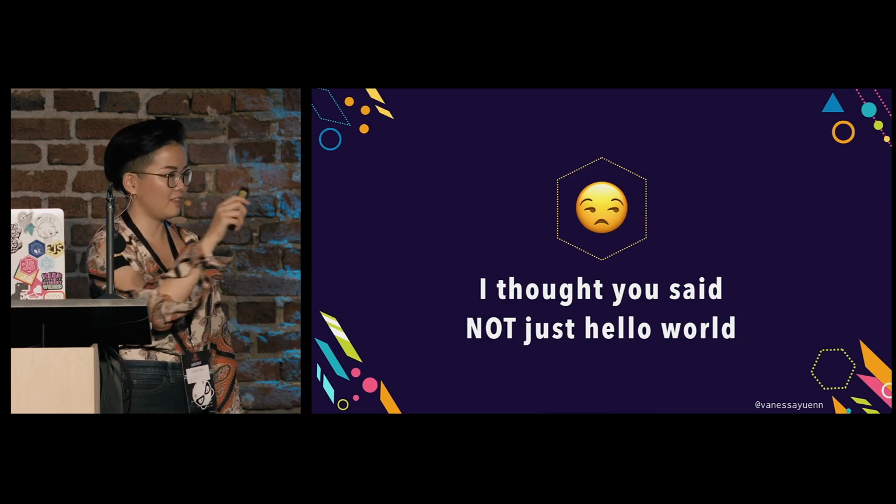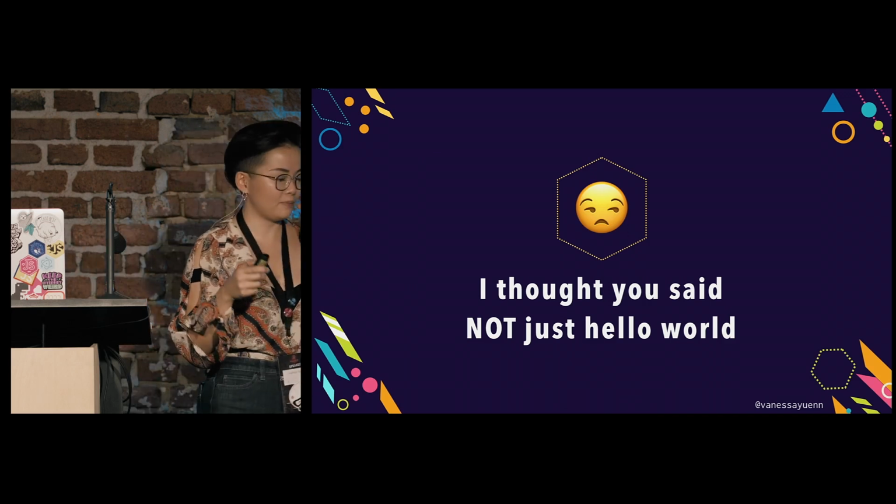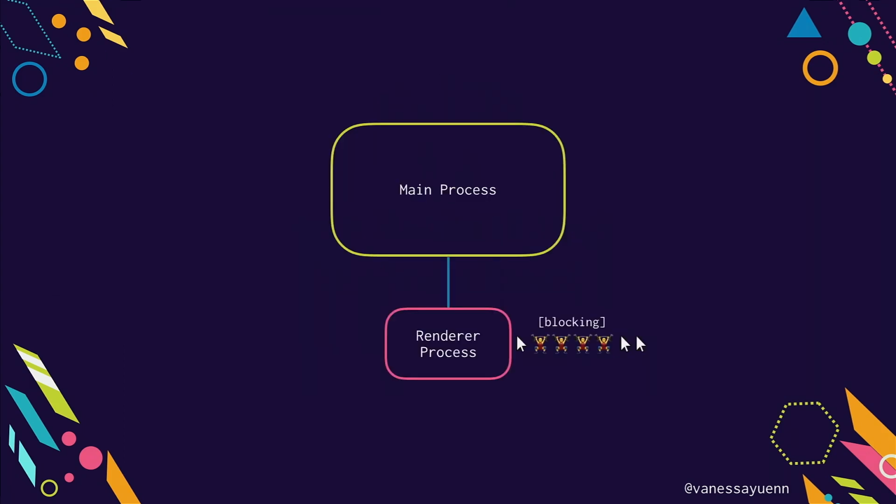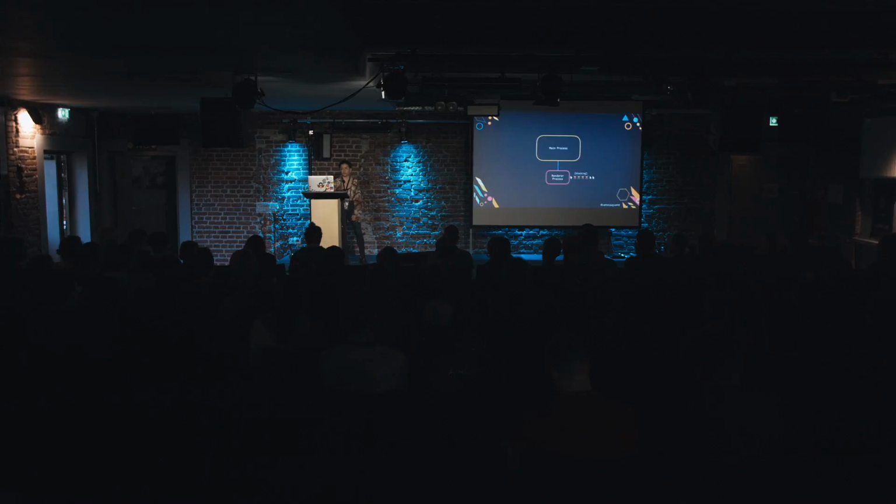So now that we got the architecture of an Electron app down, we can talk about the rest of the talk. So first thing, don't block the UI thread, and also don't block the main thread. If you come from a web development background, which I assume a lot of you are, you probably are familiar with the concept and the importance of not blocking the UI thread.